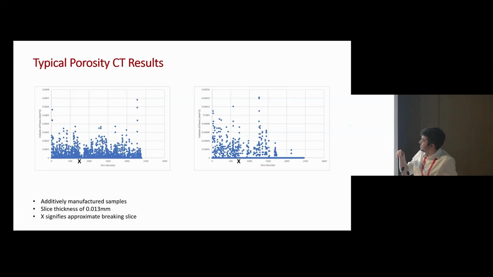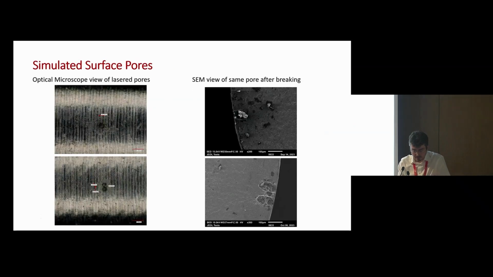So going back to the previous slides, knowing how big that pore is and its location is very important, and you've already seen that there are a lot of differences between different people's visions. So I mentioned before that from the resolution check object which we lasered and CT'd, that lasering was also done on the sides of some samples.